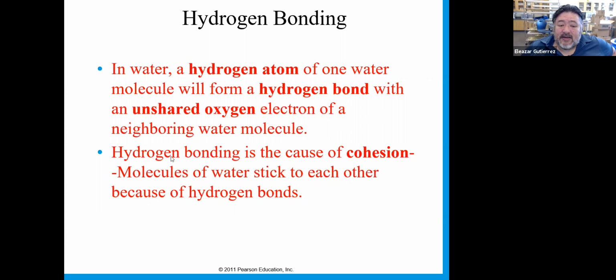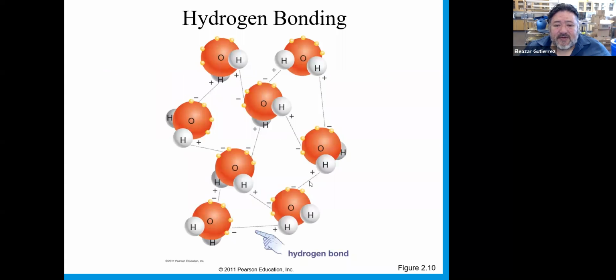Okay. Hydrogen bonding is a cause of cohesion. What is cohesion? Cohesion is the association of water molecules with water molecules. This is why they stick to each other, because of hydrogen bonding. So here's your water molecule, and you can see that the hydrogen of one molecule associates with the oxygen of the other, because this one has a partial positive charge and this one has a partial negative charge.